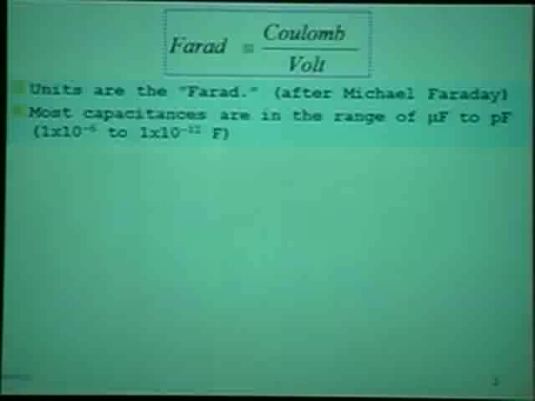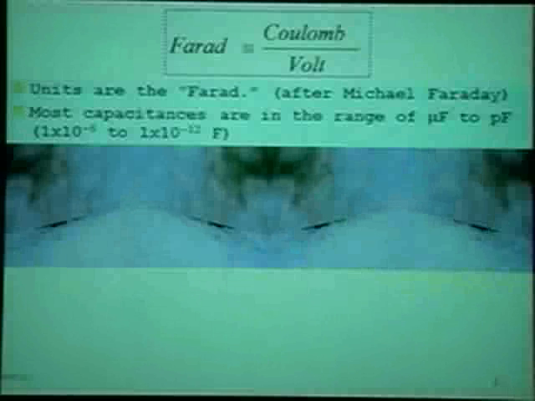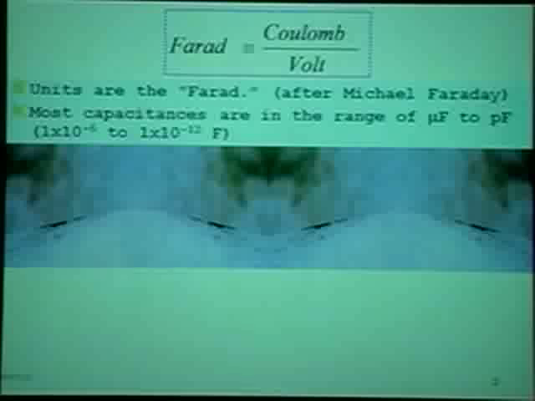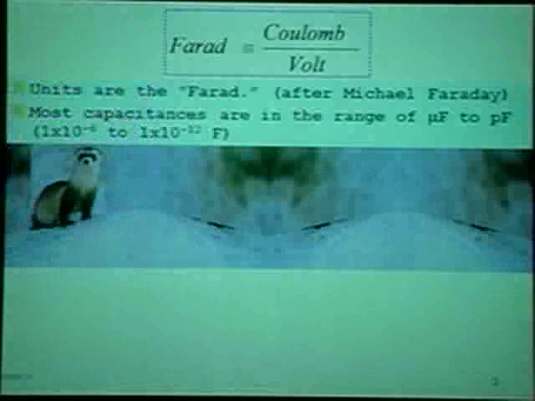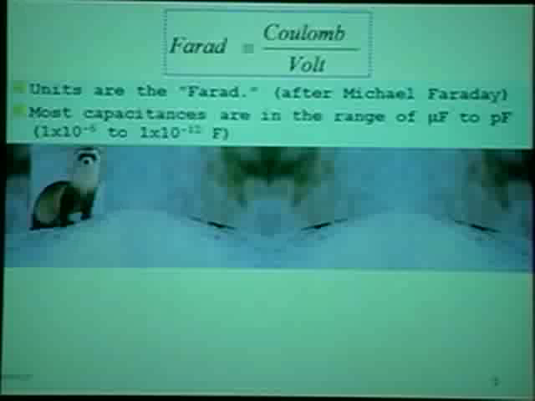To illustrate this point, let's take a look first at what might be represented by a farad. Here's a farad. You can see it has a general size associated with it. But if we're dealing with circuits, we're dealing with values of capacitance that are much less than a farad.